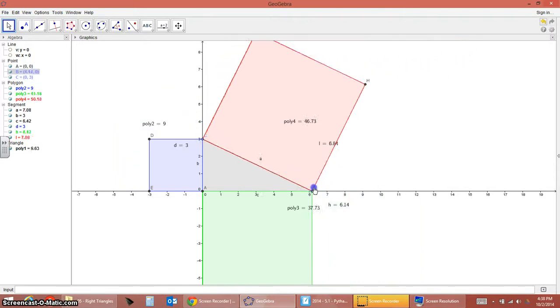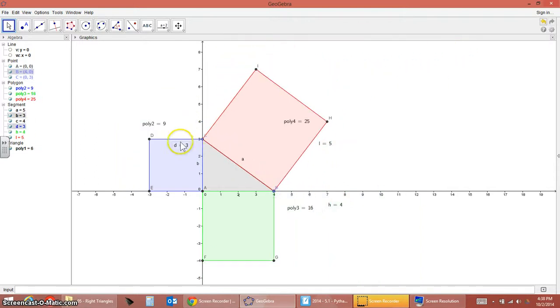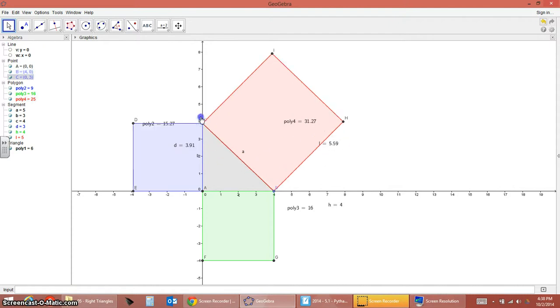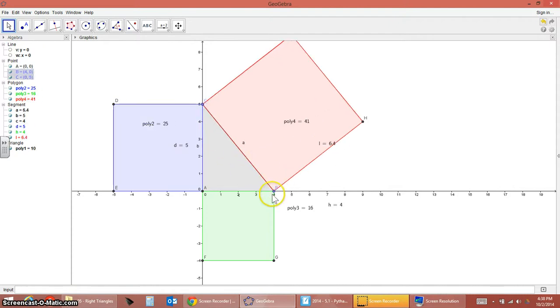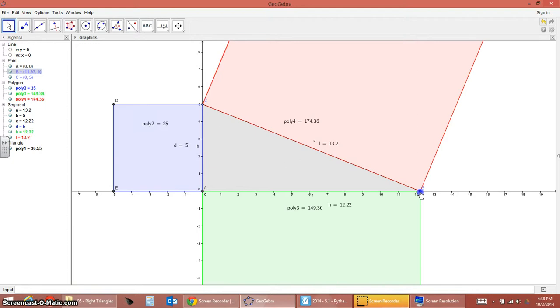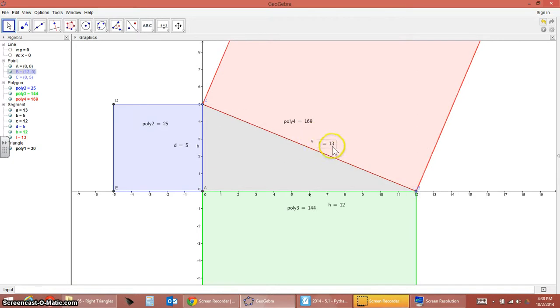I asked you to memorize these special numbers, 3, 4, 5. That means the length of the sides, 3, 4, and 5, are all pretty numbers. 9 plus 16 equals 25, because 3 squared plus 4 squared equals 5 squared. Now, the other Pythagorean triple we talked about was 5, 12. Notice how when I land on 12, this length becomes a perfect little 13.